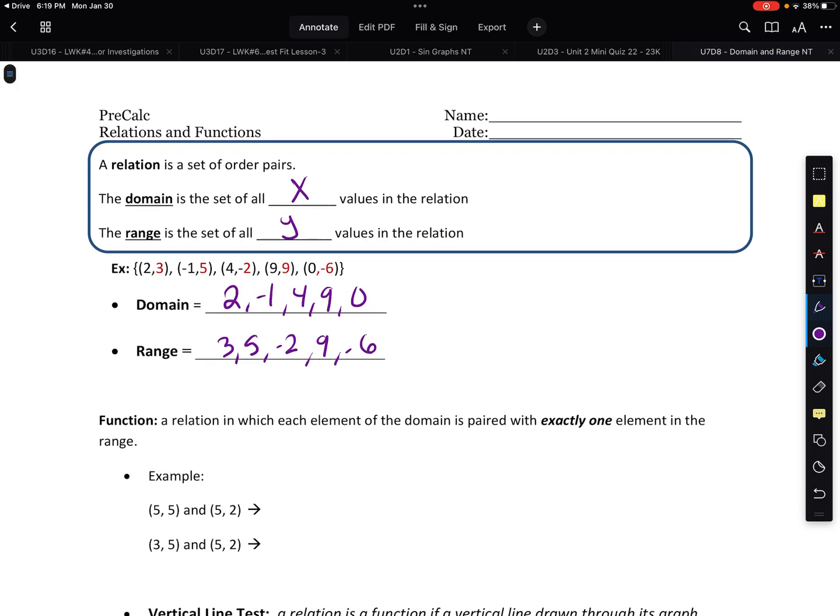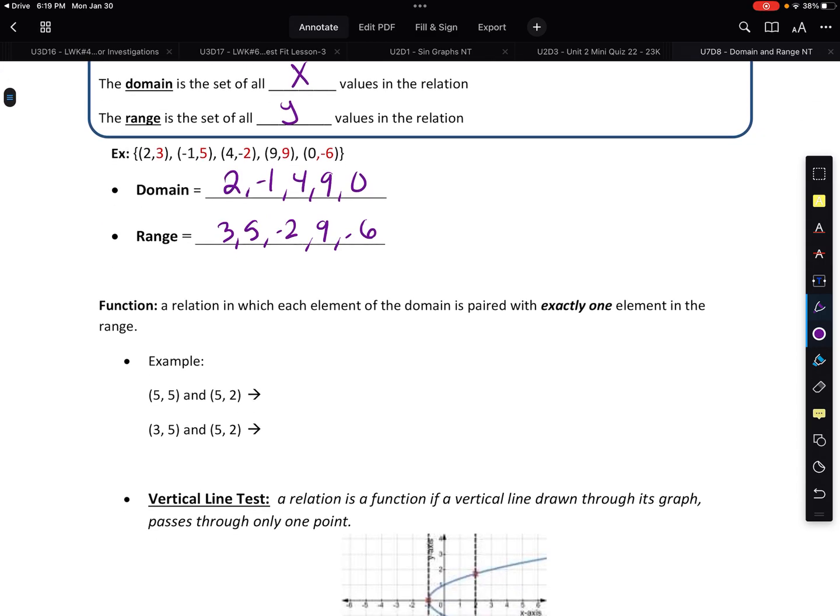Now the next step in a relation is: is a relation a function or not? So the key thing about a function is it's a relation in which each element of domain is paired with exactly one element in the range. Key thing, x values cannot repeat. All right, that's really what that sentence means.